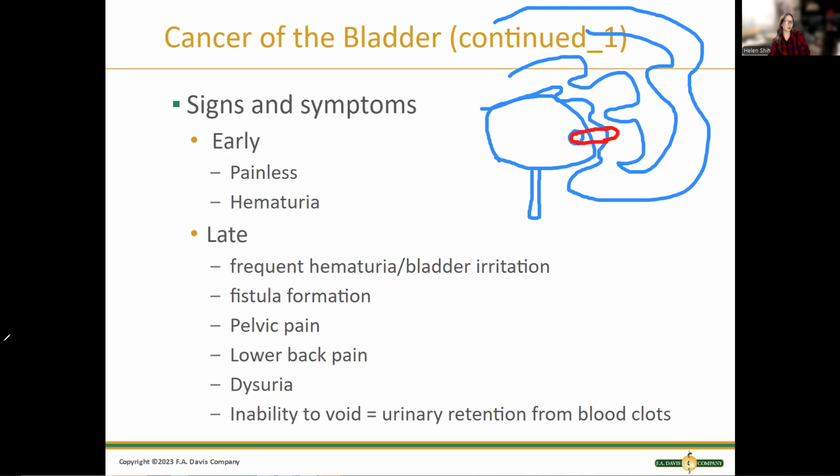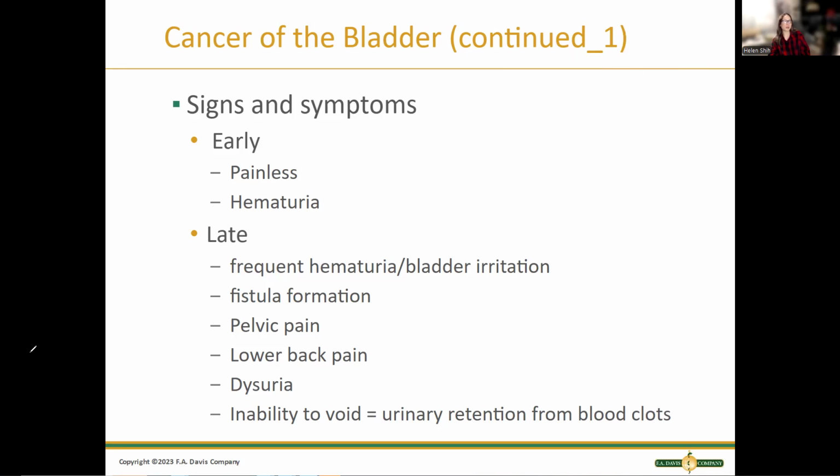It's when two organs are connected together in a way that they're not supposed to be normally. And that's generally because your cancer cells in your bladder can cause cancerous changes to other tissue around it. And therefore, you can make those two organs connect to each other through fistula formation.